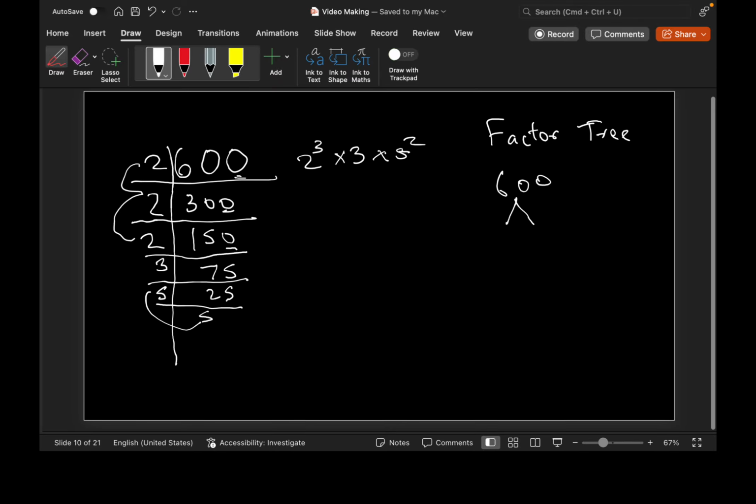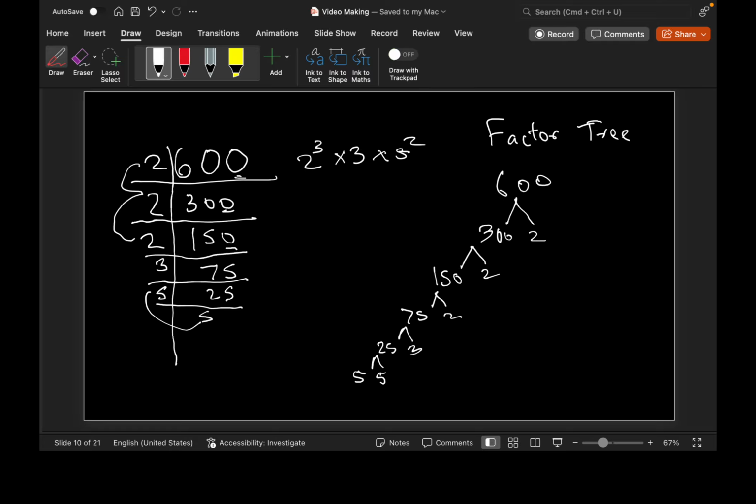So I can take one from here also. Right? So I can think of 300 and 2. 2 is already a prime number, so it can't be broken down further, while this can be broken down. 150 and 2, 75 and 2, 25 and 3, 5 and 5.